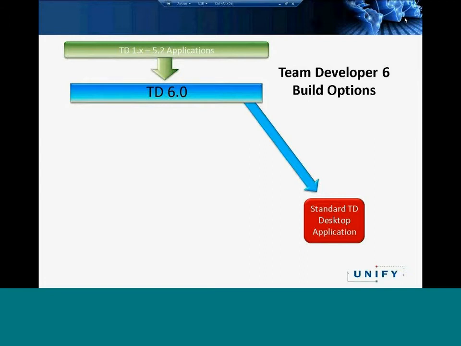Now, it's very important to note here that we do have a set of steps to migrate applications up to Team Developer 5.2 to upgrade your outline to Unicode mode. So if you're already in TD 5.1 or 5.2, you're ready to go with TD 6.0. You're going to be able to open your application, compile, and run. Now, if you're using an old version like TD 1 or versions up to 4.2, you're going to have to follow the steps to migrate your code to Unicode.